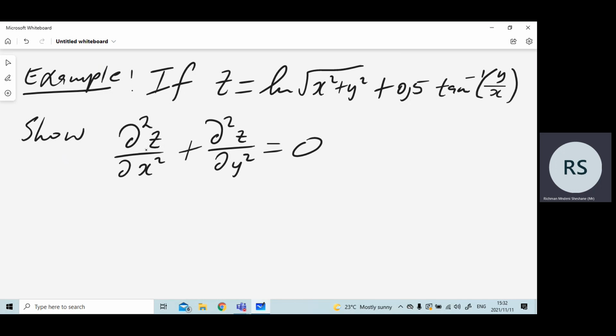On the left hand side, I have second partial derivatives, so I'll need to find those from z. I'll differentiate z twice with respect to x, then differentiate z twice with respect to y, and then add them and see if I get 0. So let's do that as a part of the solution.